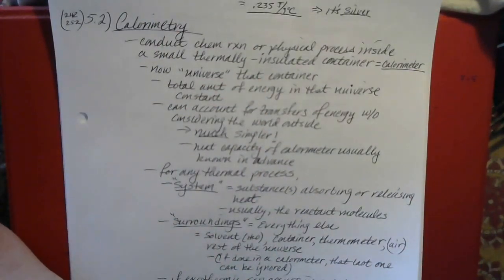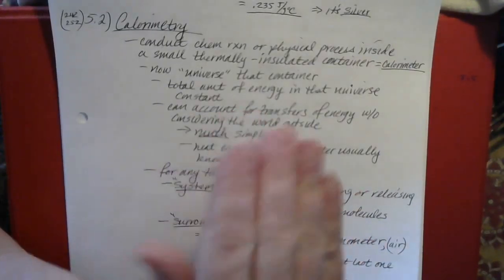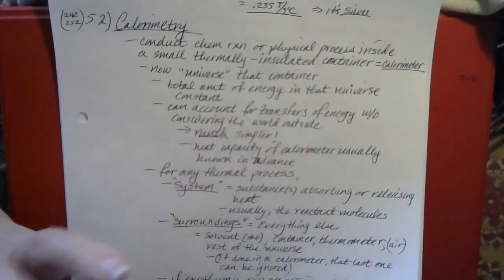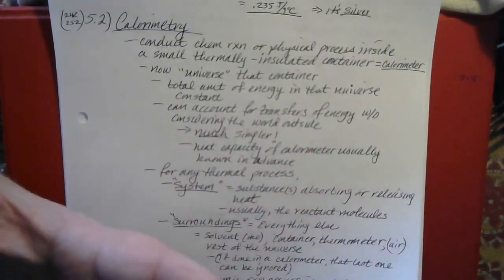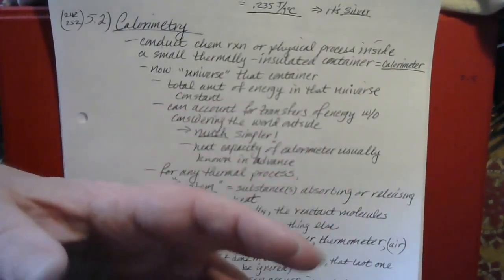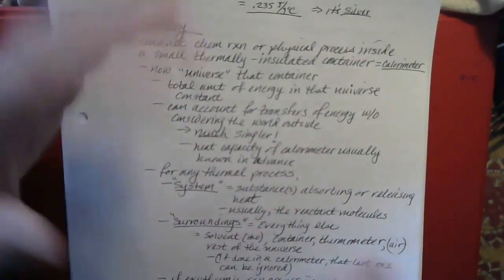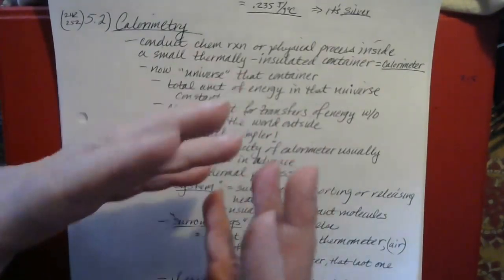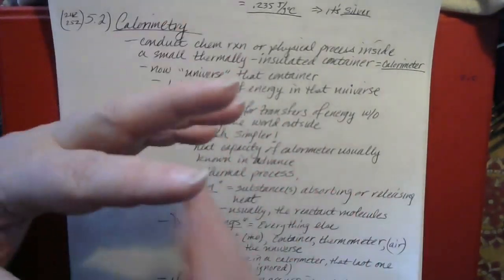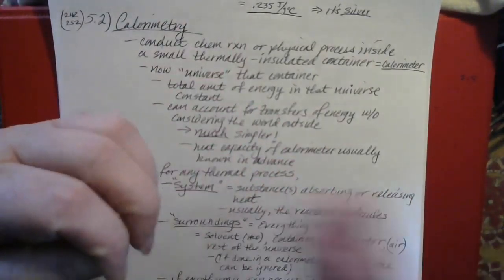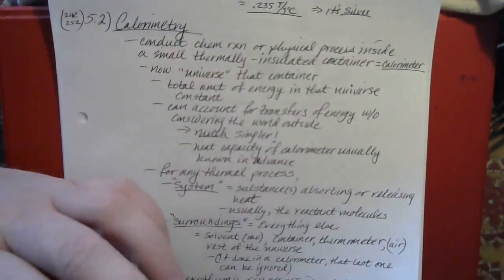So what we do in experiments like this is we use an insulated container. We conduct the chemical reactions or the physical process inside a container which is thermally insulated from the outside. In other words, inside a container, kind of like a thermos, where there's no transfer of heat in or out, at least not during a reasonable period of time for our reaction to occur.